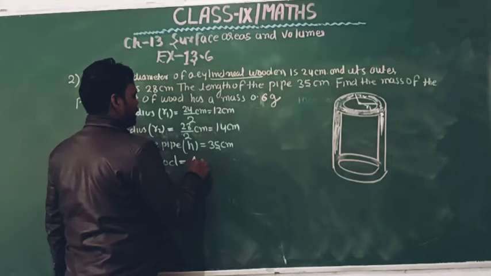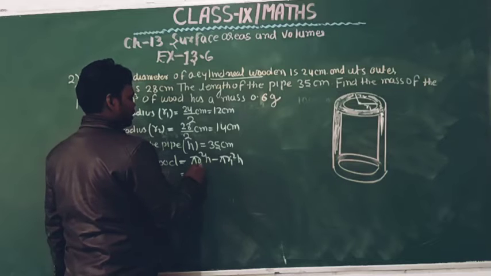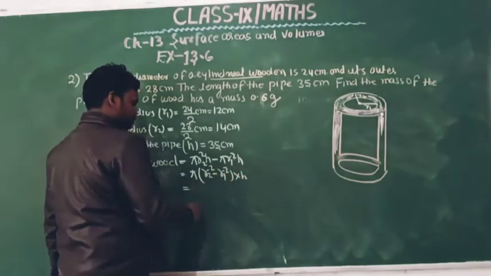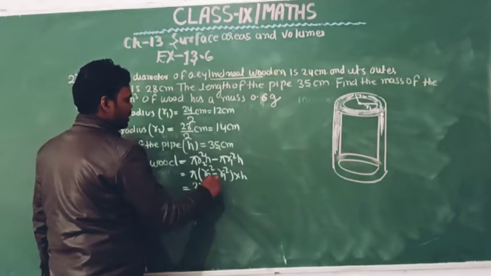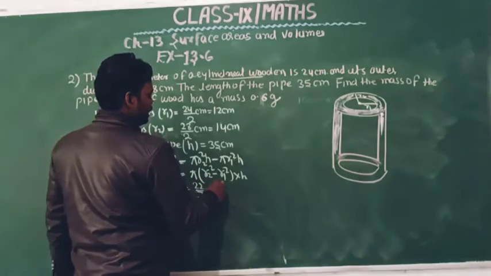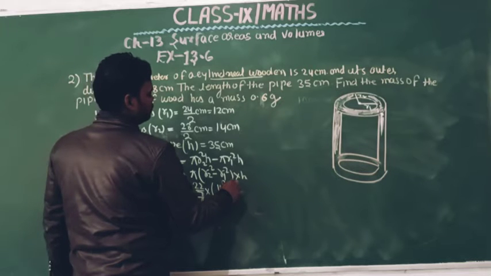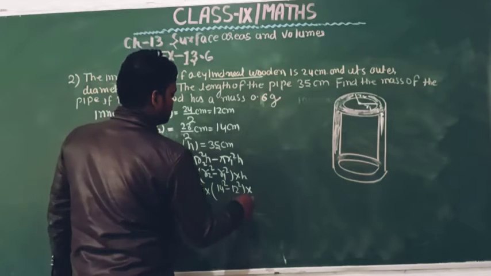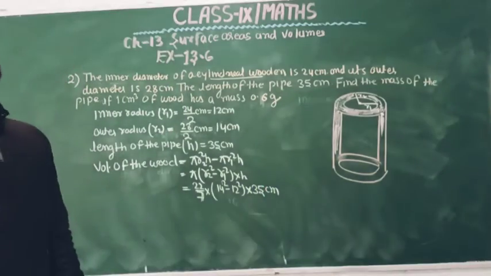So pi r2 square h minus pi r1 square h. Here pi is common, so this is pi into r2 square minus r1 square into h. The value of pi is 22 by 7, and r2 is 14, so 14 square minus 12 square into h. H is 35 centimeter, so write 35 centimeter.